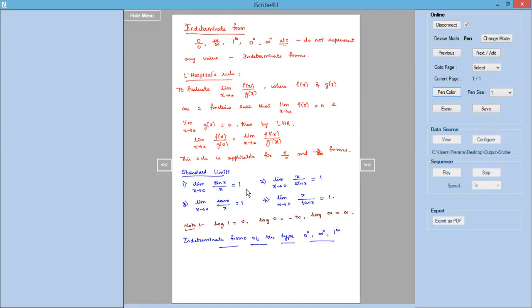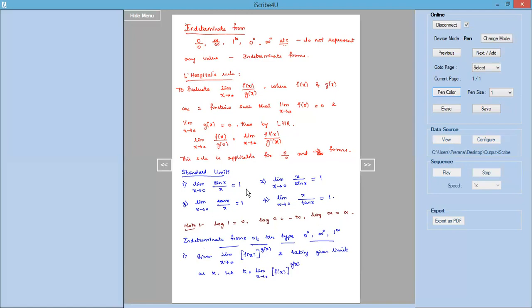So let me give that in the form of a working rule. The given function will be of the form limit as x tends to a, f of x power g of x, and taking the given limit as say k, we assume k is equal to the given limit as x tends to a, f of x power g of x.